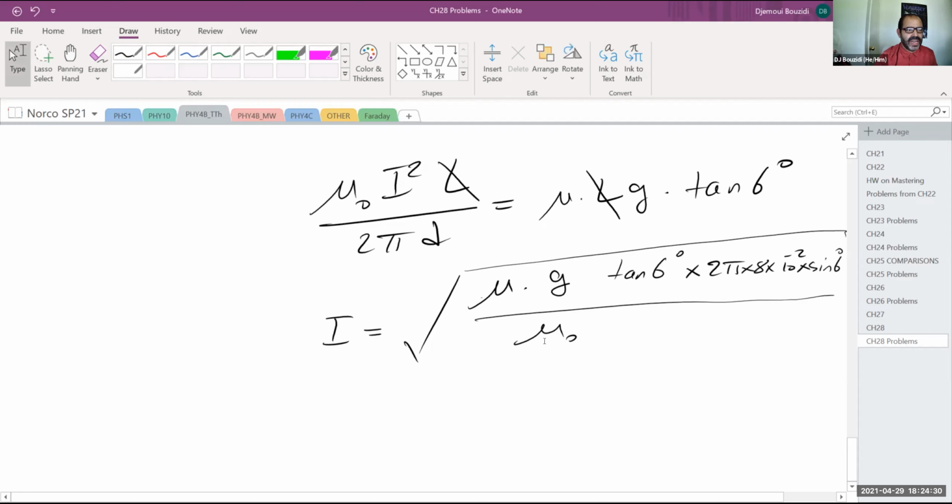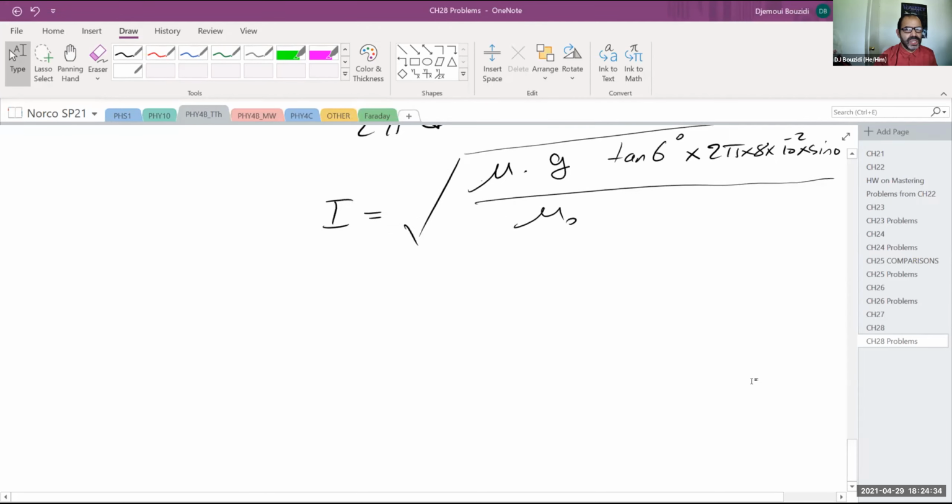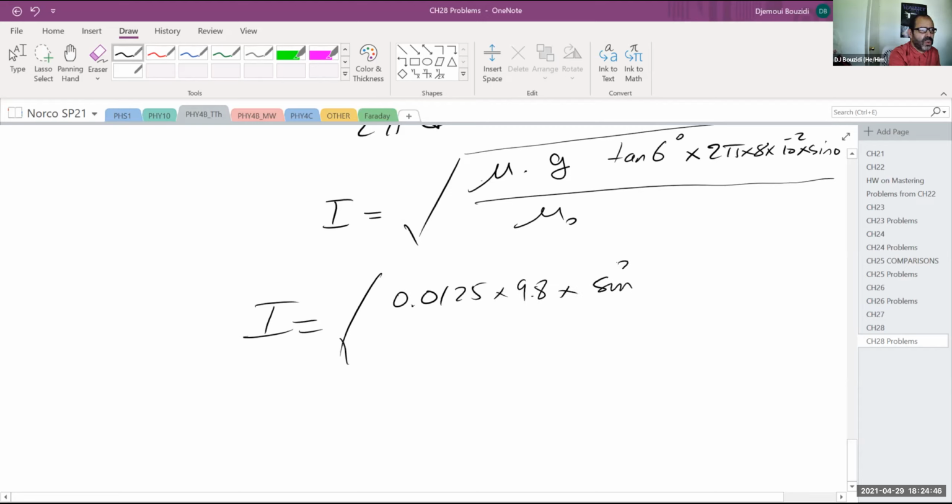Obviously, if I substitute the values in here, I have 4 pi and I have 4 pi, and I have a sine times tangent, which is sine squared divided by cosine theta. So everything in here is going to be equal to the square root of 0.01225 times 9.8 times sine squared of 6 degrees. If you're worried about where the other sine is, it's in here.